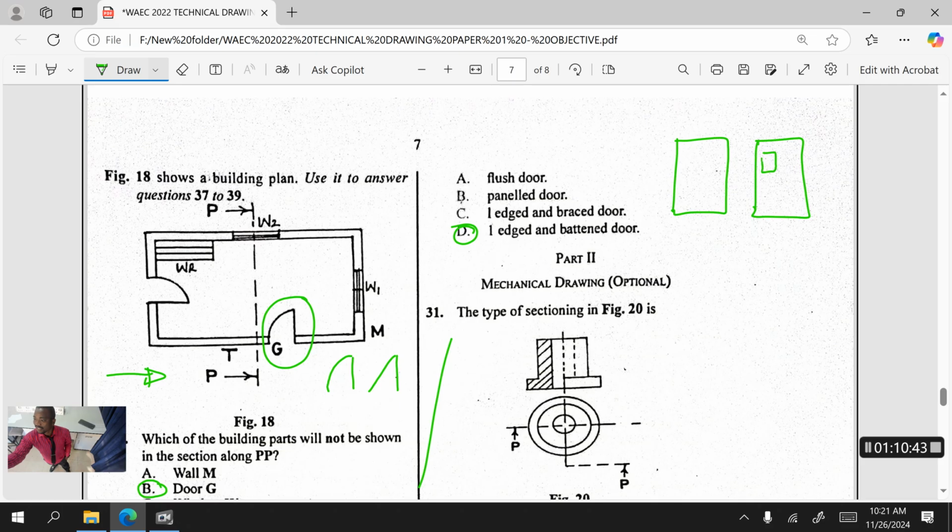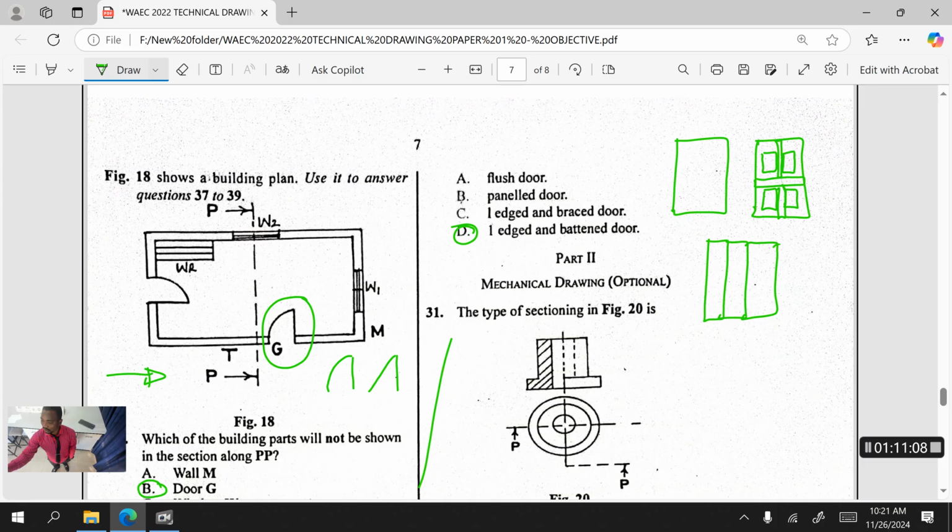It should have a design like this. They'll put designs inside. So just look out for those small boxes. That is panel.